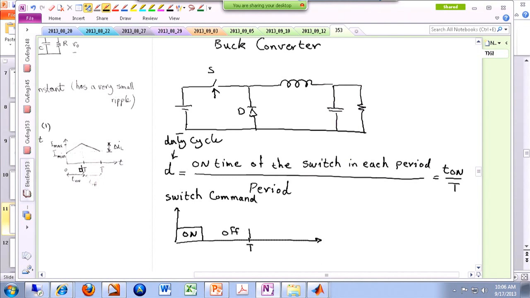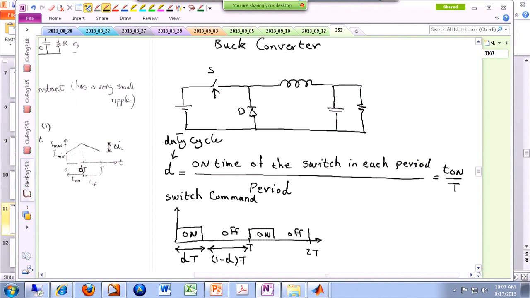And then we are doing this periodically. So this would be D times T, and obviously this would be 1 minus D times T. And if you add them together, it's T, which is the period, basically. All right.